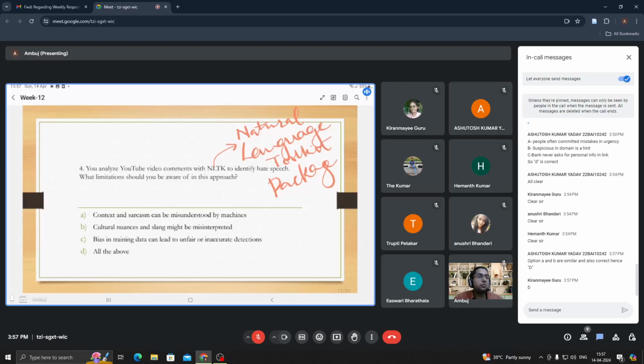Option A and B are similar and also correct. Hence D. Great. Try to provide the interpretations.